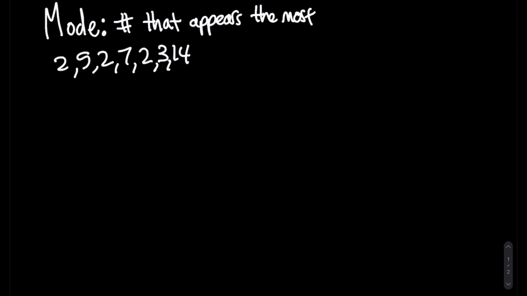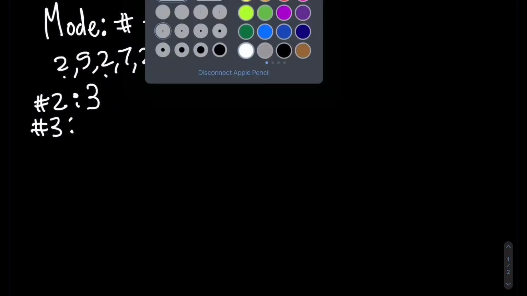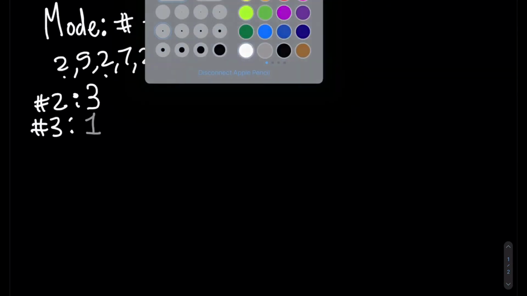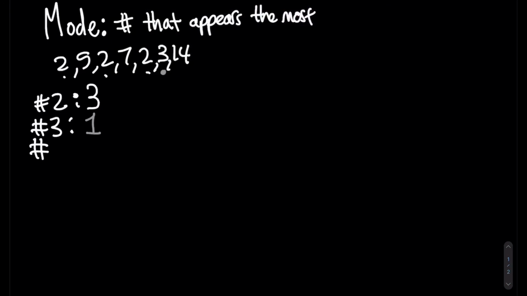It's interesting. We don't actually need to do any calculations. We simply have to be able to count. How many times does 2 appear? Number 2, we have 1, 2, and 3. So 3 times. Next, let's look at the number 3. Only appears 1 time over here. Let's look at the rest of the numbers here.